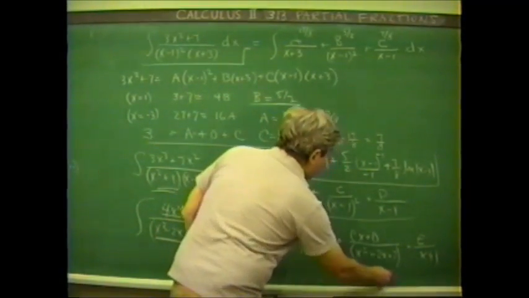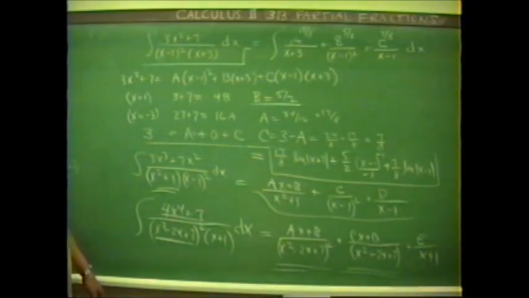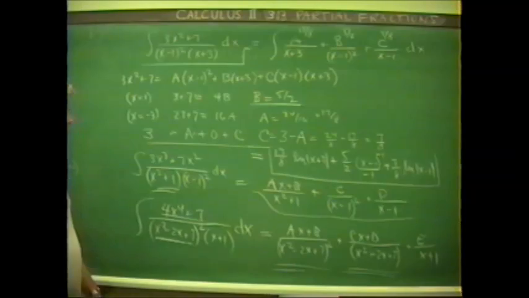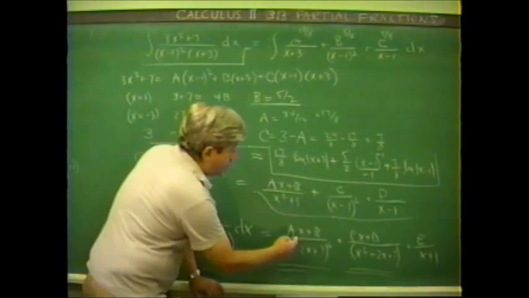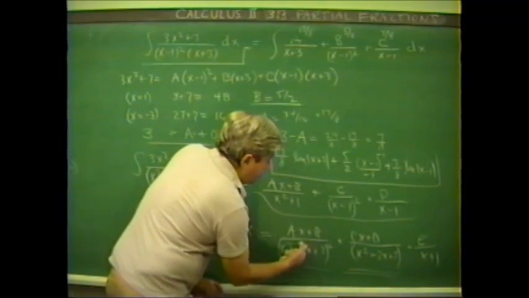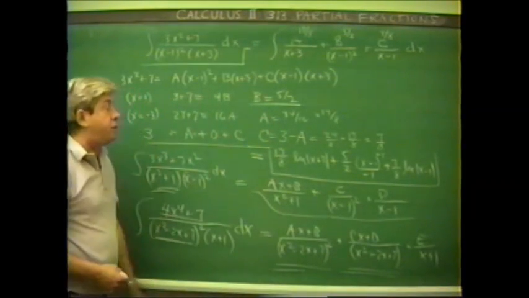Now we want to see how to do this type of thing here, and then we'll be able to do this type of partial fraction. Right? If this was to the third power, you'd have to have a linear part over the third power, another linear part over the second, and another linear part over the first.